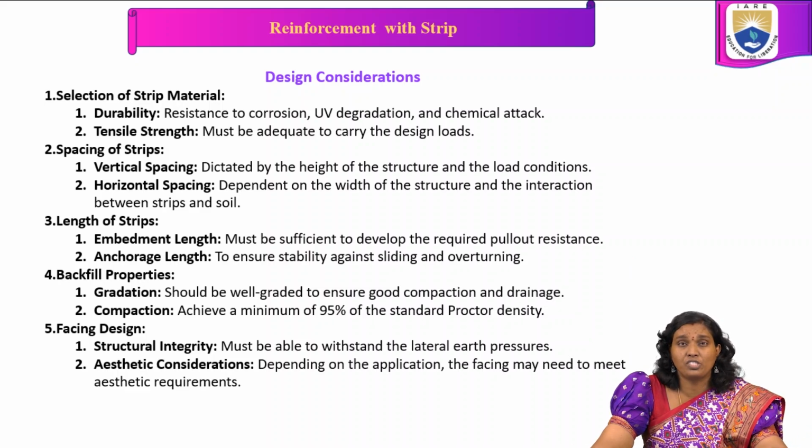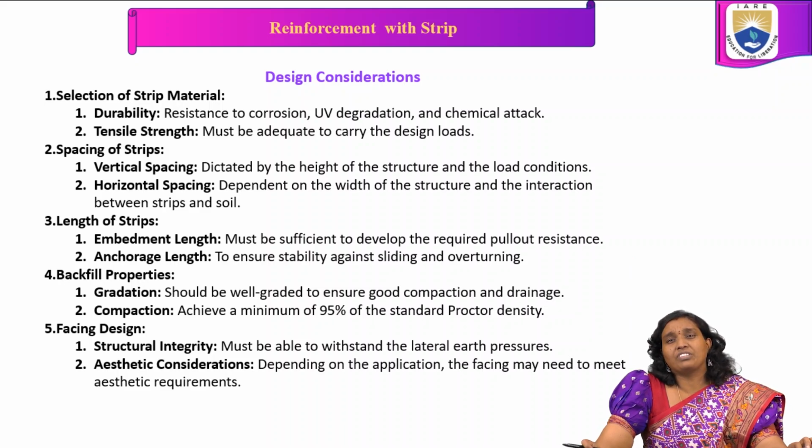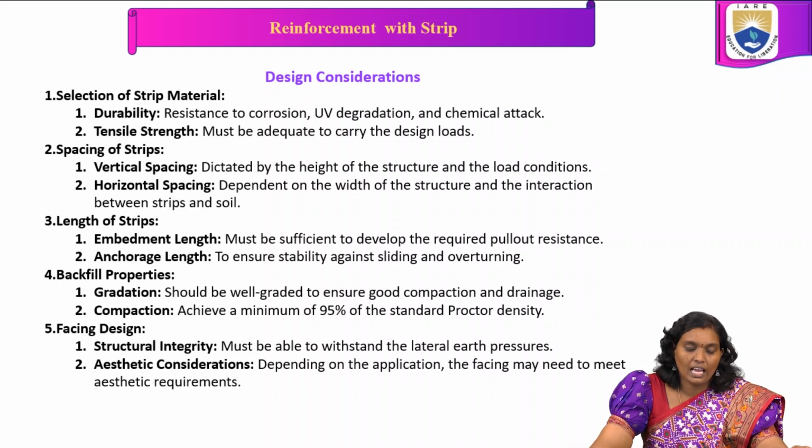In spacing of strips, there are vertical spacing and horizontal spacing. Vertical spacing is dictated by the height of the structure and the load conditions, and horizontal spacing depends on the width of the structure and the interaction between the strips and soil. The length of the strips depends upon the abutment length and anchorage length.